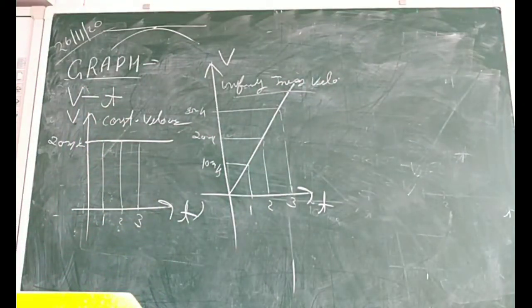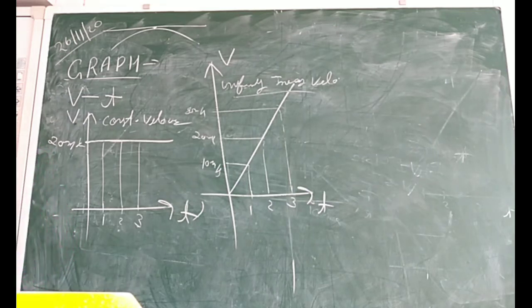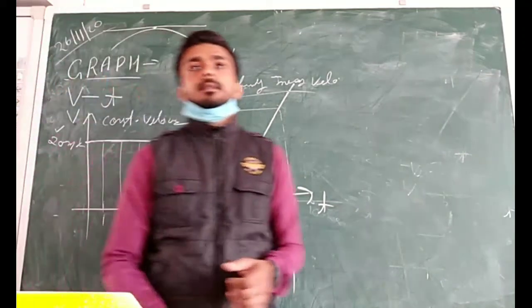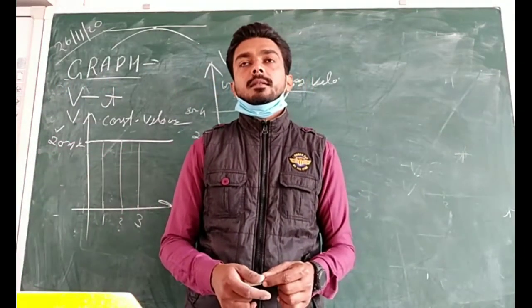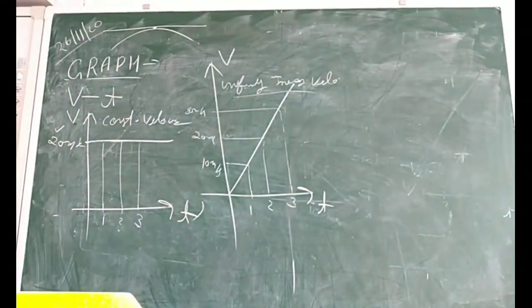Okay, now I want an answer from your side. In the first graph, is there any acceleration or not? Why? Yes, in the first graph there is zero acceleration. Acceleration means change in velocity.